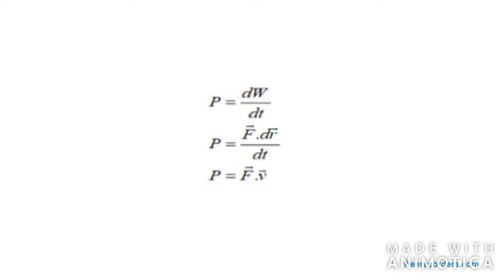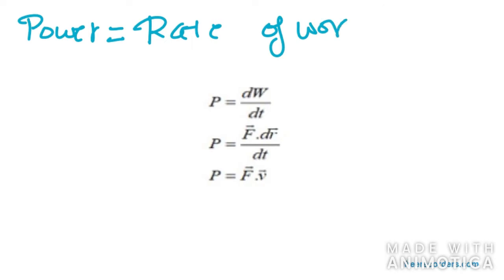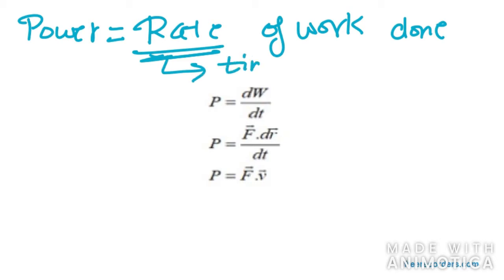Now the next topic is power. Power is defined as the work done over a period of time, or you can say it is the rate of work done. Whenever we talk about rate, it is always with respect to time.